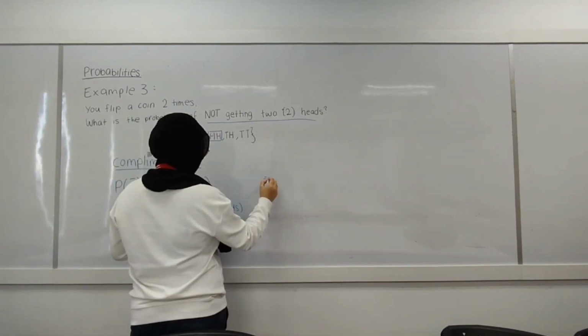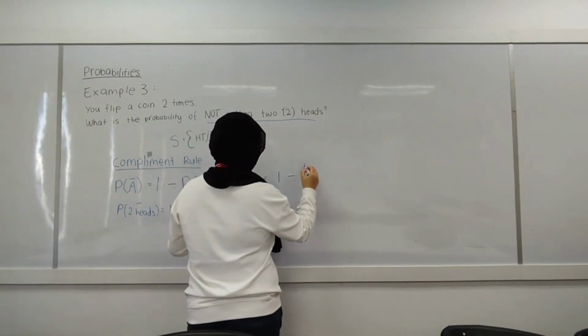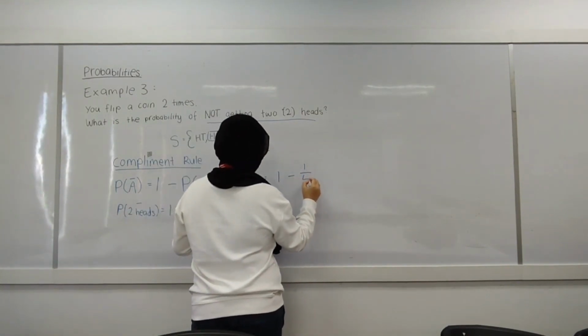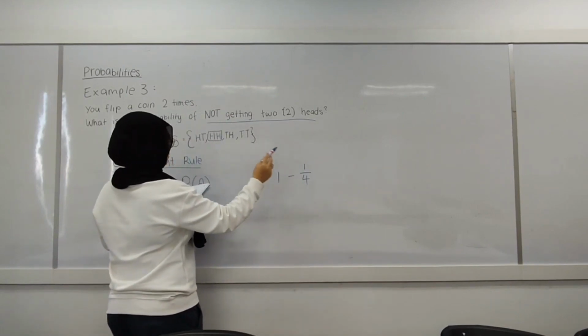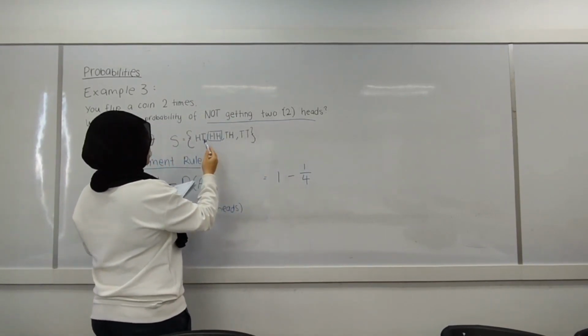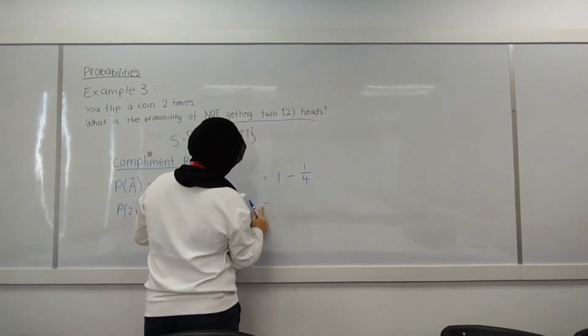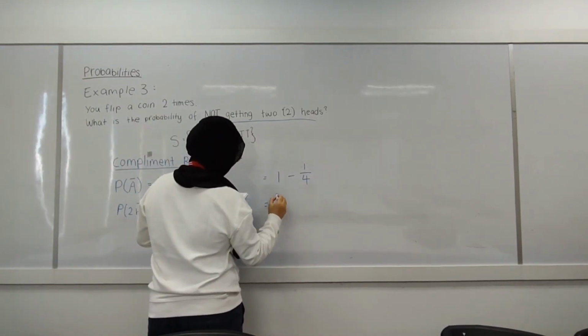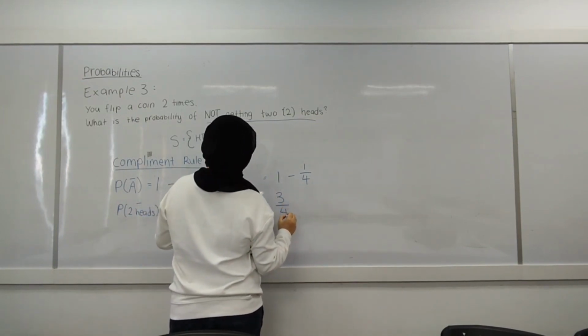It equals 1 subtract 1 over 4, because this is the outcome of getting the 2 heads. We still get 3 over 4.